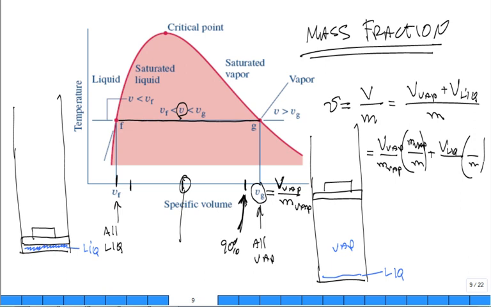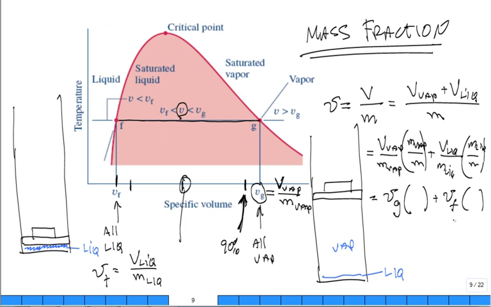It looks good. And then I go over to V sub F. V sub F is the volume occupied when it's saturated liquid divided by the mass that's all liquid. Well, put mass liquid right here and the mass liquid right there. And so what we have is we have V sub G times something plus V sub F times something.